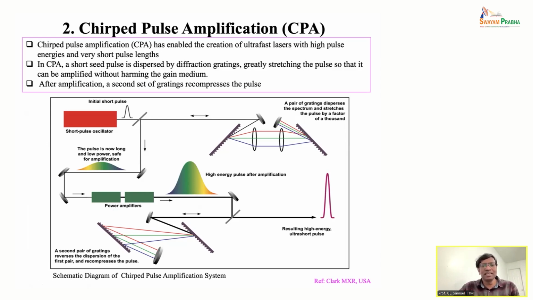Then laser pumping is done, so we give higher energy. But this is not our aim. We want a short pulse but higher energy. So again it is passed through a different optoelectronic mechanism and compressed. Thus we have a high pulse energy and short pulse period that comes out.